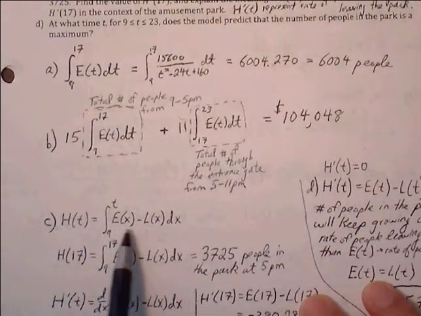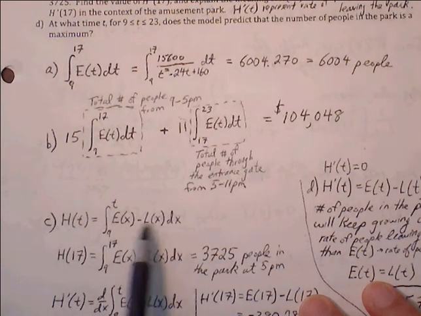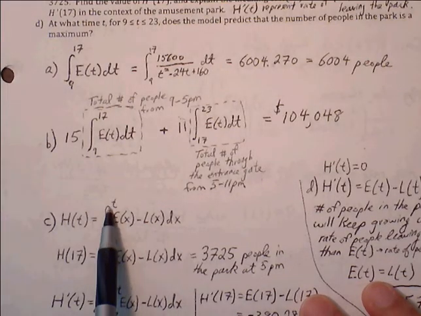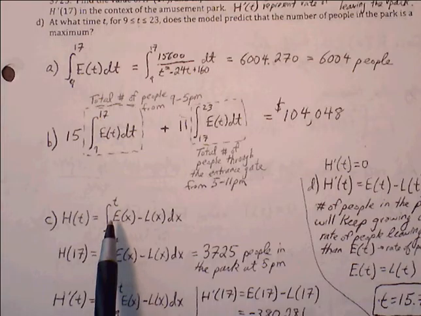What we're doing here is accumulating the number of people who've entered the park, and also accumulating the number of people who've left the park, and subtracting those. And from 9 to t, t has the flexibility to adjust to any time that we want to find out.